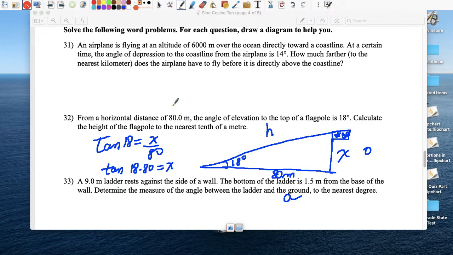So tan of 18 times 80 is going to give us 25. So the height of that pole, are we rounding this? To the nearest tenth of a meter. Okay, so 25. Actually, this becomes 26. So the height of that pole, 26 meters.